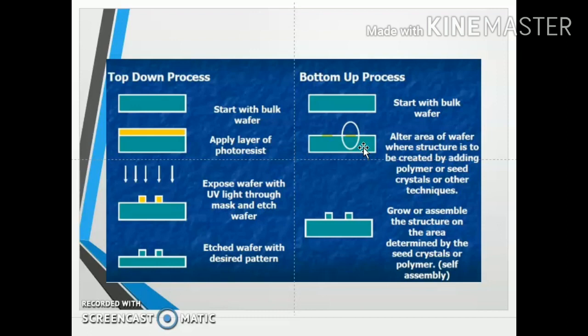The structure grows or assembles on the area determined by the seed crystal or polymer, and with this assembly atom to atom or molecule to molecule, the substance attaches on the surface of the wafer. This technique is generally called self-assembly.